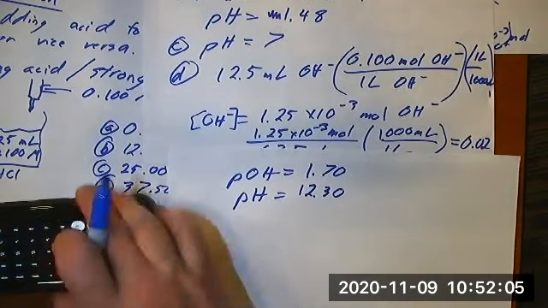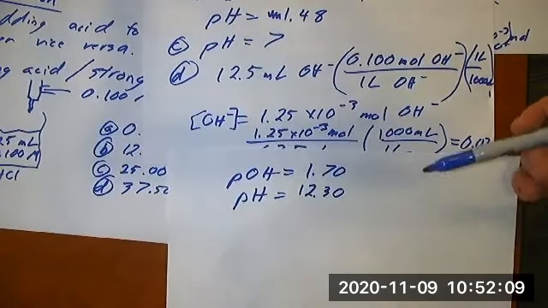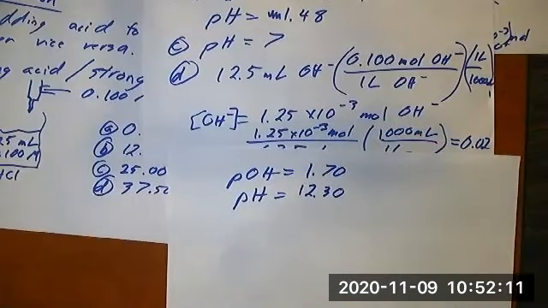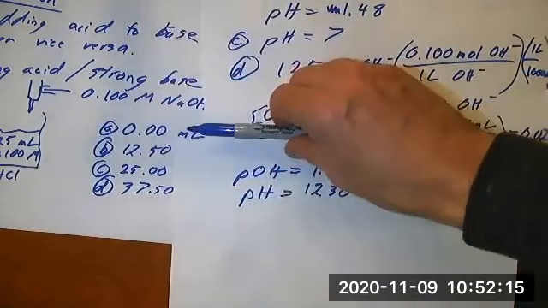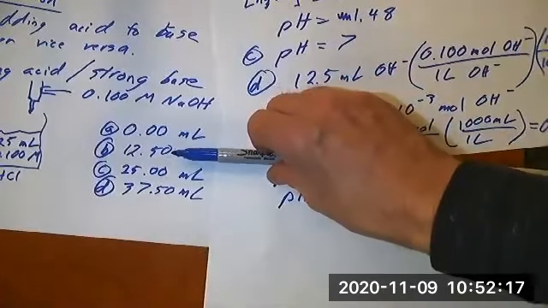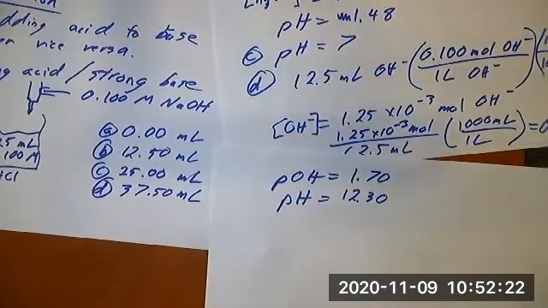So this takes you through how to calculate the pH in the various different regimes that we are dealing with. At the very beginning, before what we call the equivalence point, at the equivalence point, and after the equivalence point. Now, we could have picked any values in between.